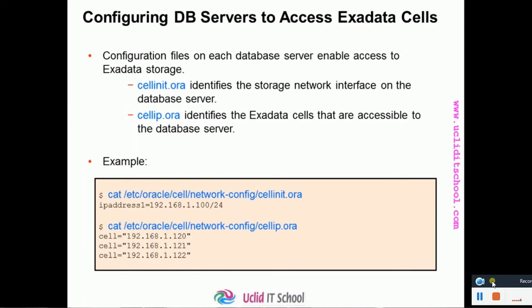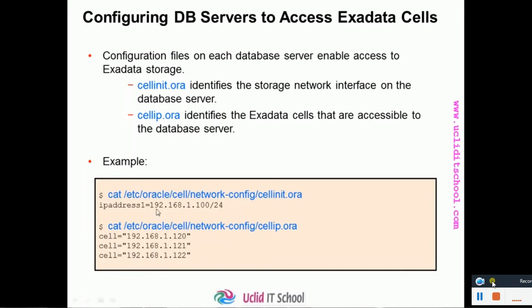Basically, on every database server, during the initial installation configuration phase, the Oracle team creates two files. Those are named cellinit.ora and cellip.ora. These are on the database servers, and they are created under a standard location, which is under /etc/oracle, as shown in this slide.